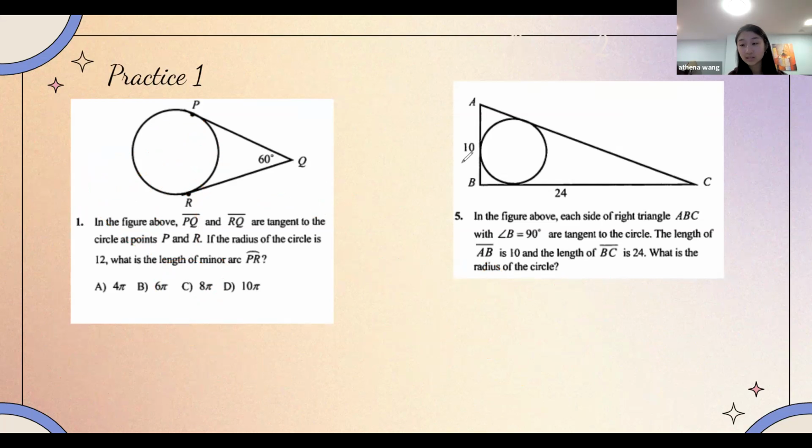This one is also kind of hard. There are many methods, but some are easier than others, I will just say. Okay, I will let you do this for 3 to 5 minutes.